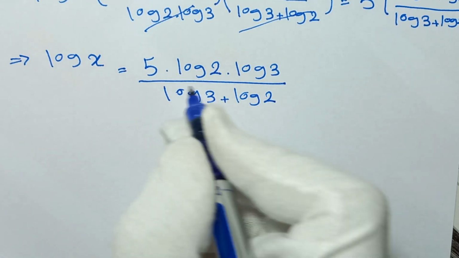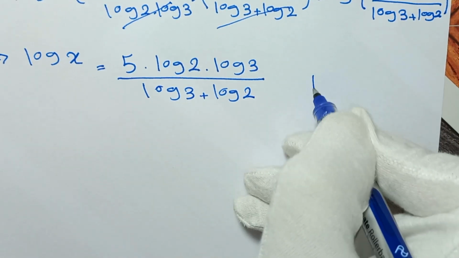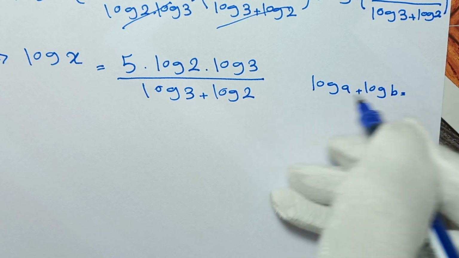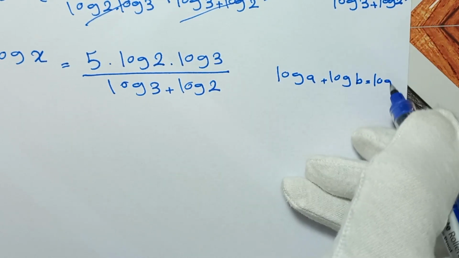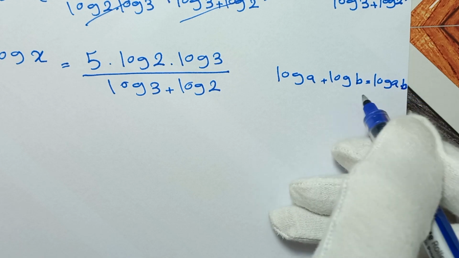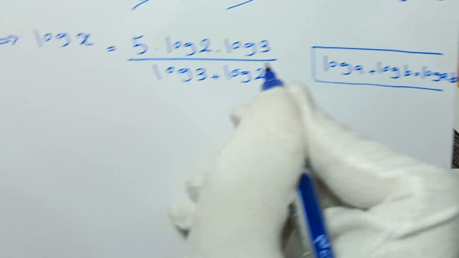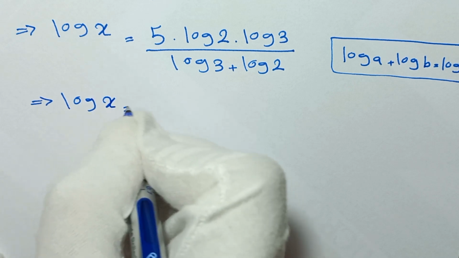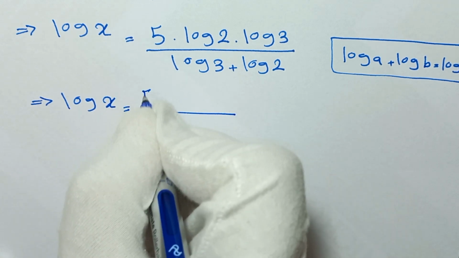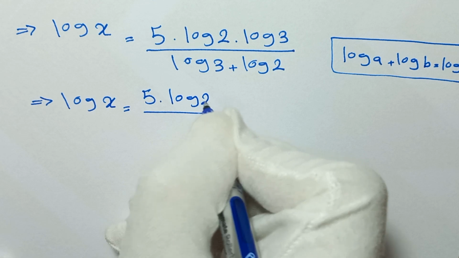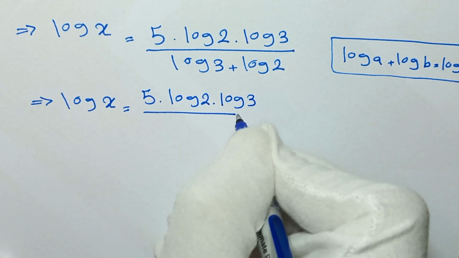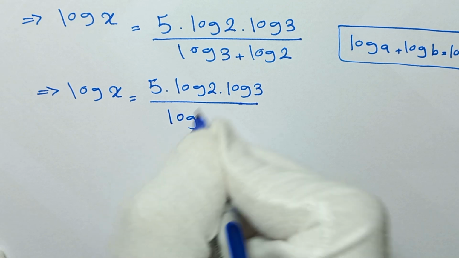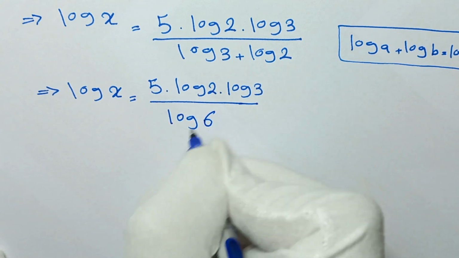And from log rules, if we have log a plus log b, we can write this as log a times b. So we can write log 3 times 2, and it will be log 6.